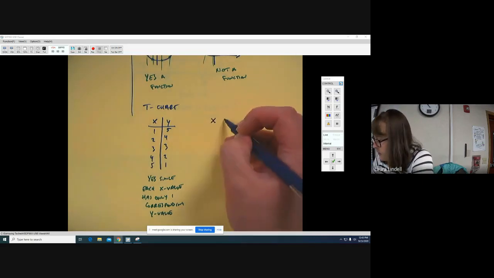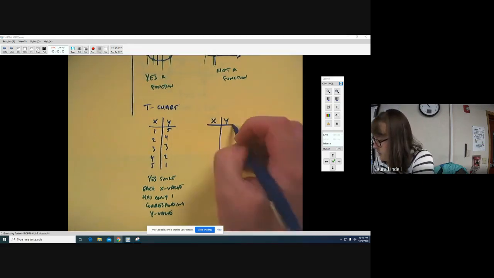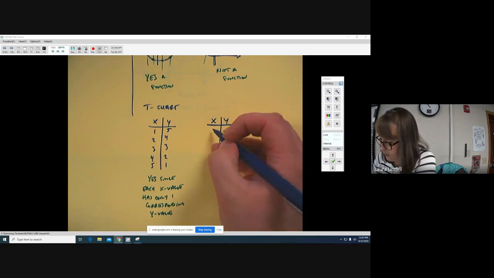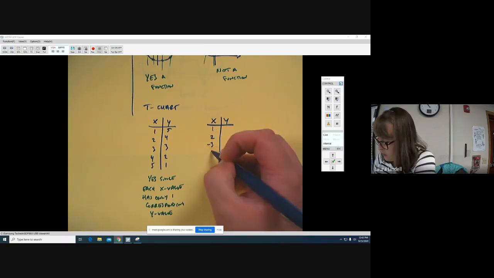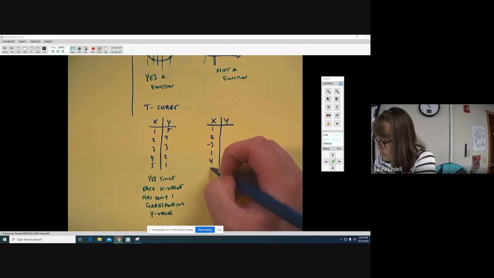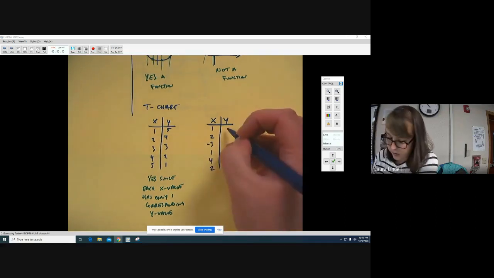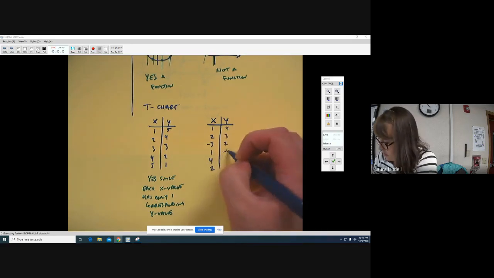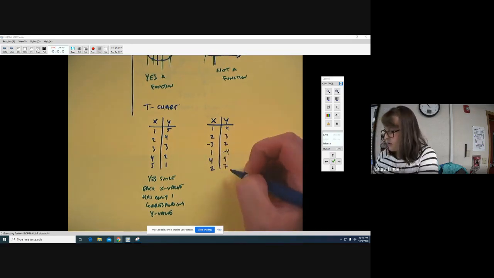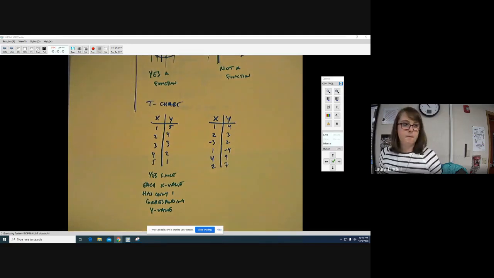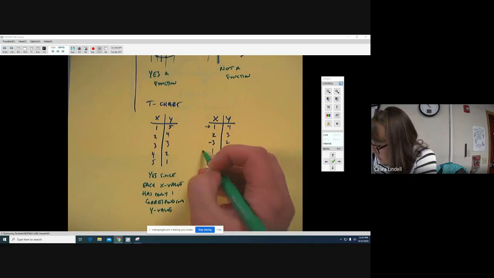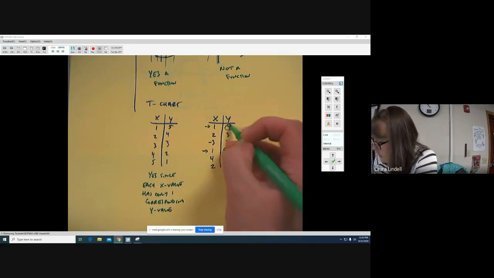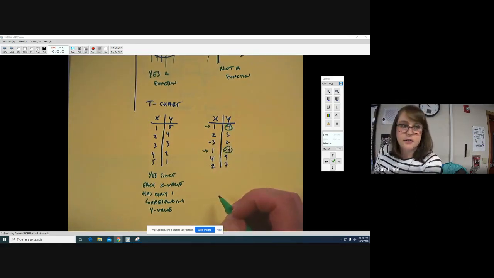But if we had a chart like this, where we have, I don't know, 1, 2, -3, 1, 4, 2, and we've got something like that, we notice that there's repeating X values that correspond with different Y values.